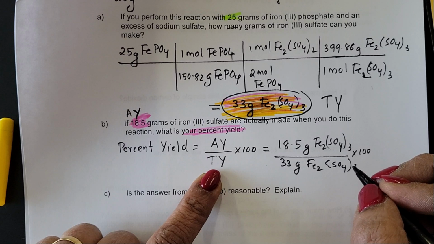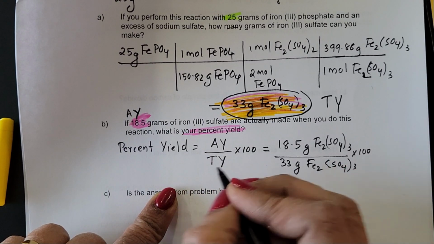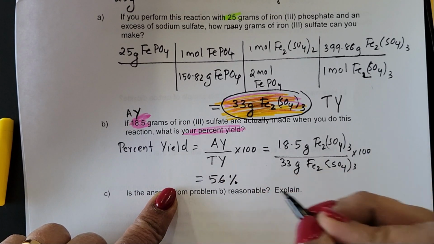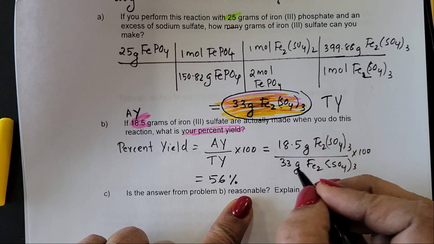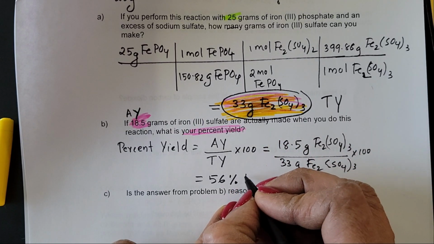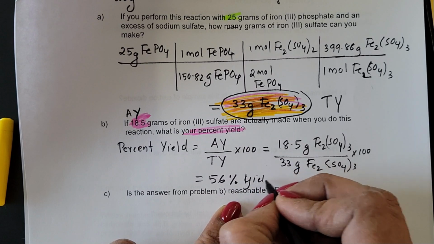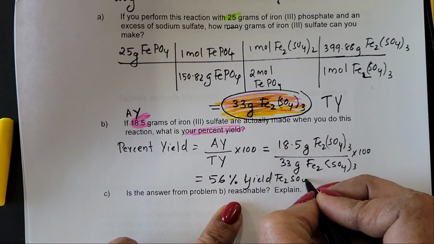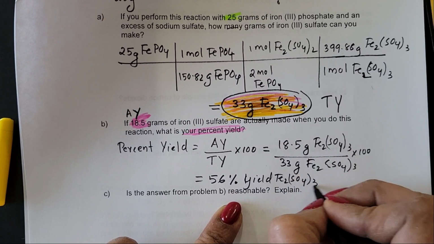So you will get 56%. We need only 2 significant digits because it is a division. Always follow the least significant. Okay, this is how we are finding the percent yield.